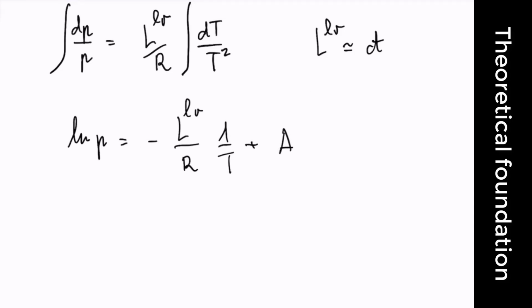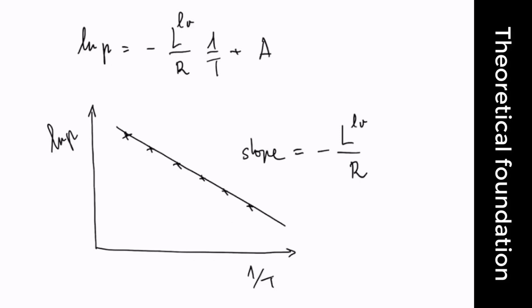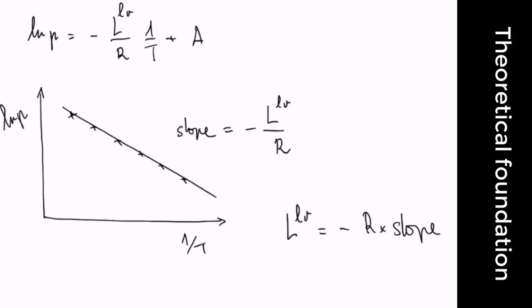We thus get an expression for our experimental data that relates the Neperian logarithm of pressure with the inverse of temperature. The relation is linear and the slope of the line is exactly minus the latent heat of vaporization divided by R. Therefore, we immediately obtain the latent heat of vaporization for the considered component.